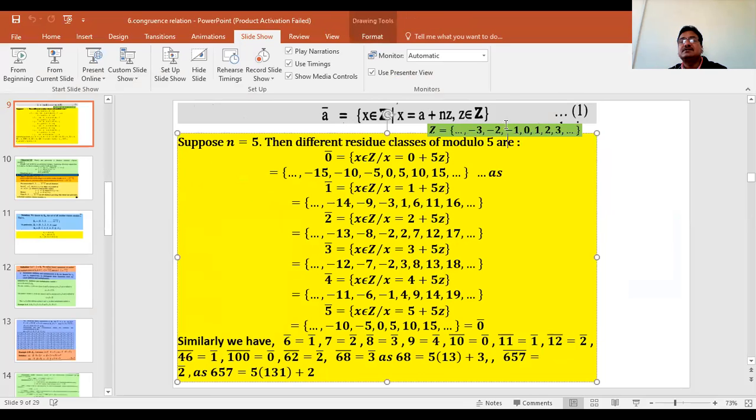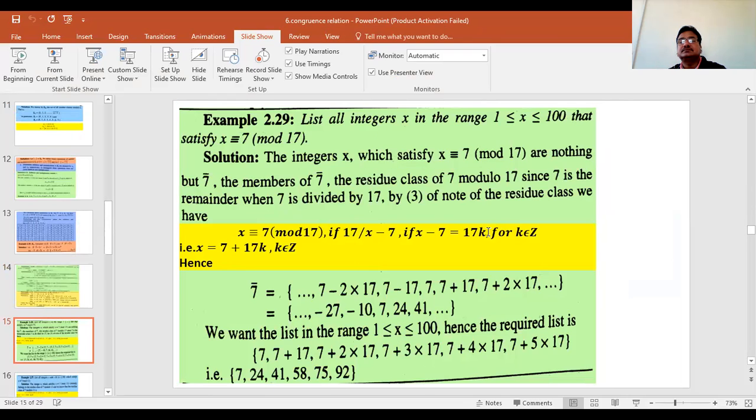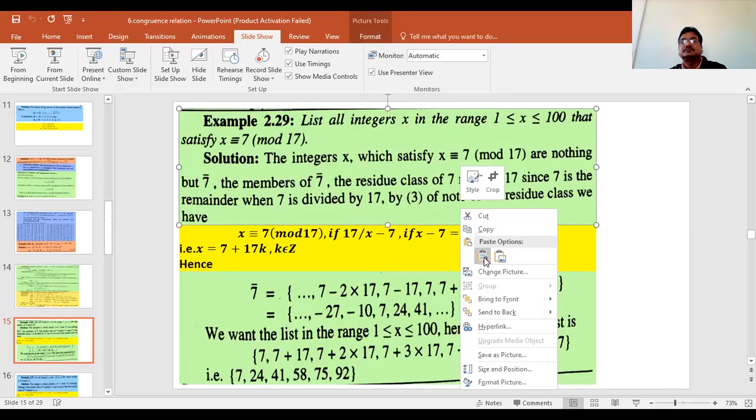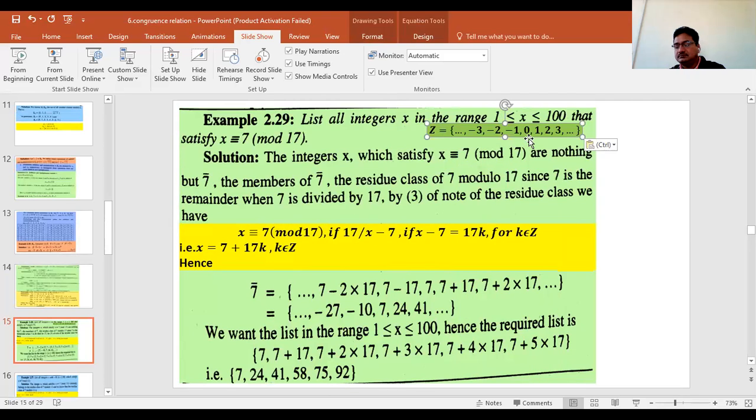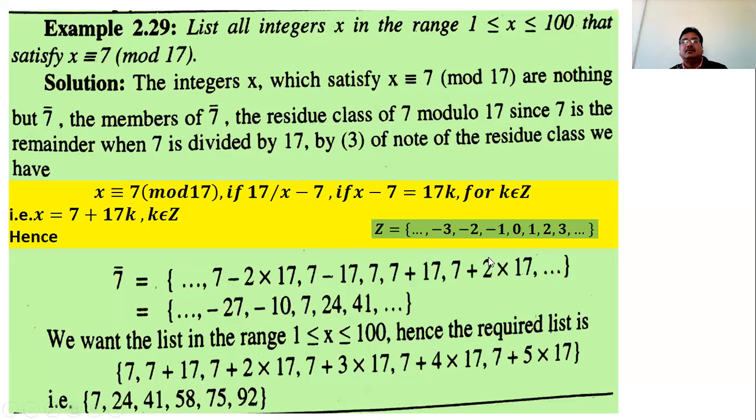This is the set of integers Z. Substitute the values of k from this set, that is, substitute k as minus 3, minus 2, minus 1, 0, 1, 2, 3.